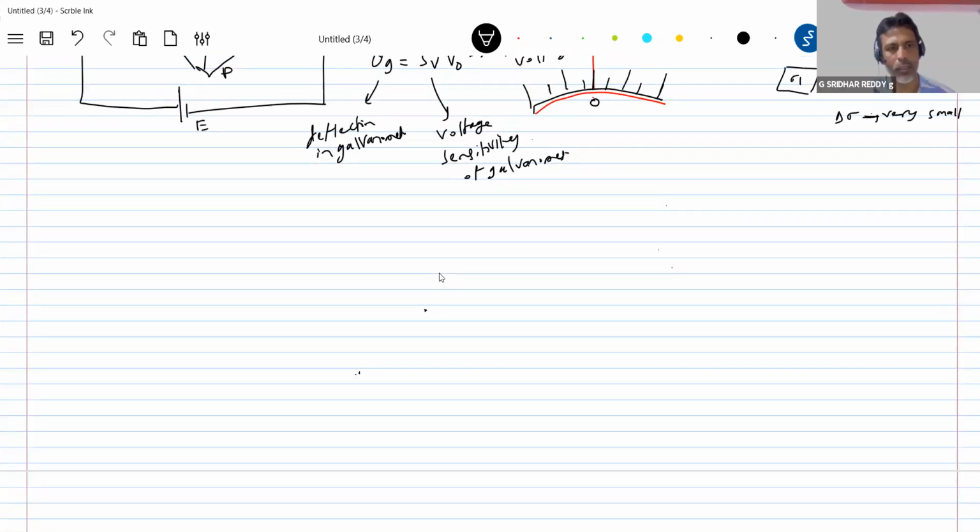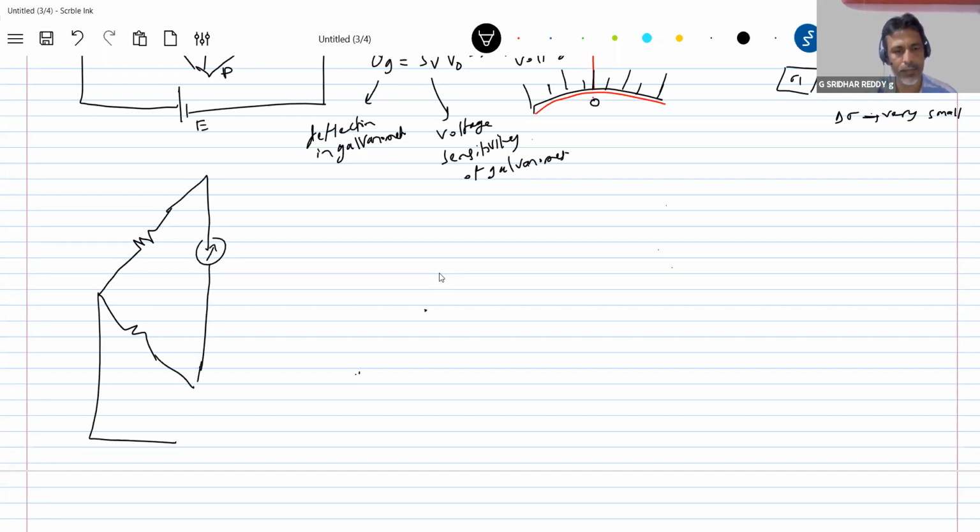Now let's go for the next circuit. Same galvanometer I kept. This is the cell. I define the sensitivity of the bridge.